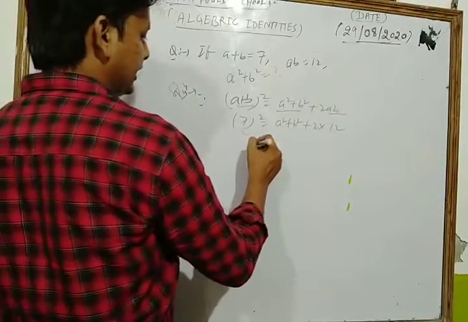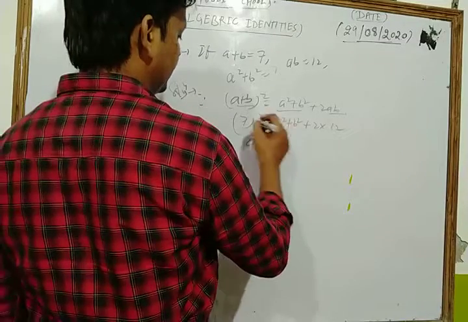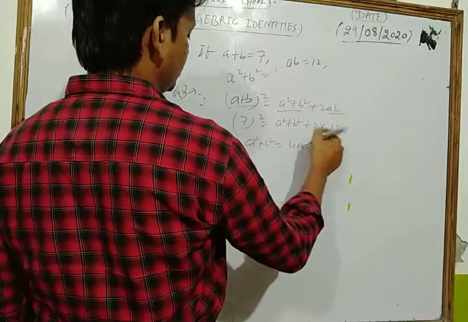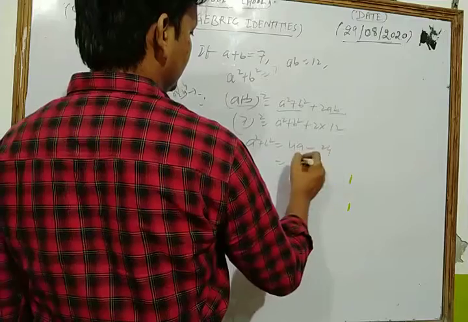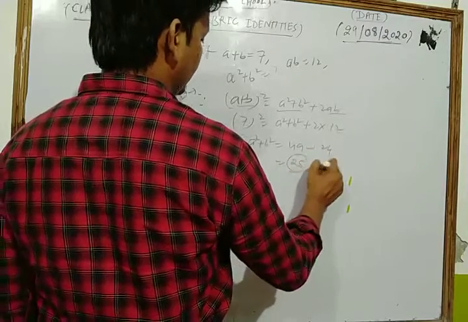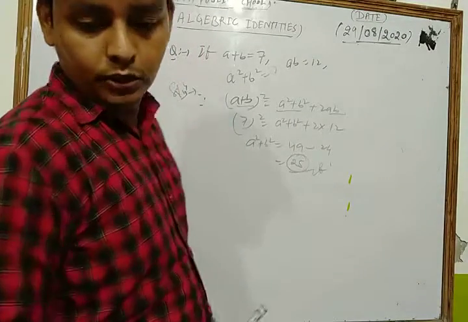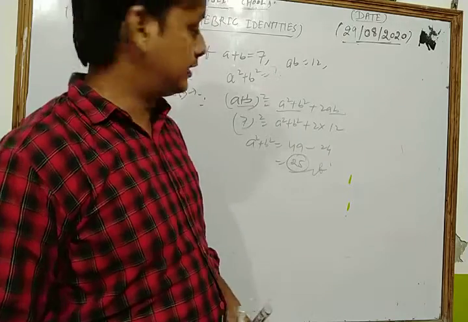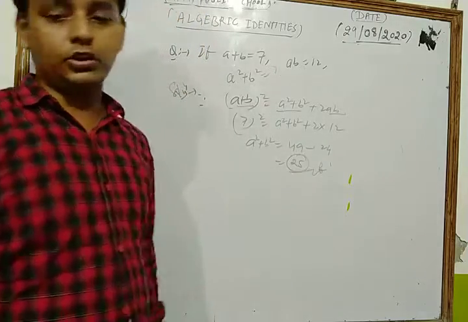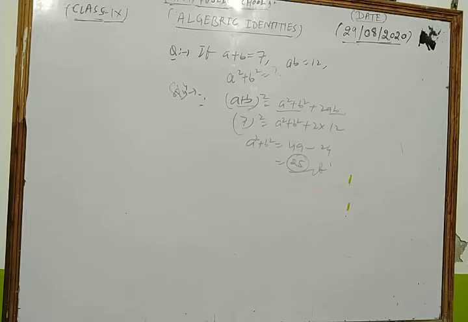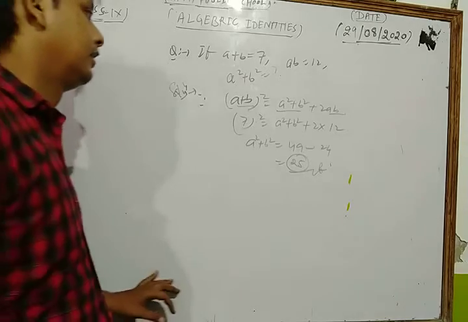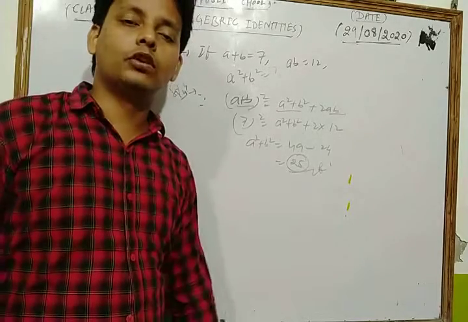After solving, a square plus b square equals 49 minus 24, so we get 25. This is our required answer. So dear students, in this way you can solve that type of question.